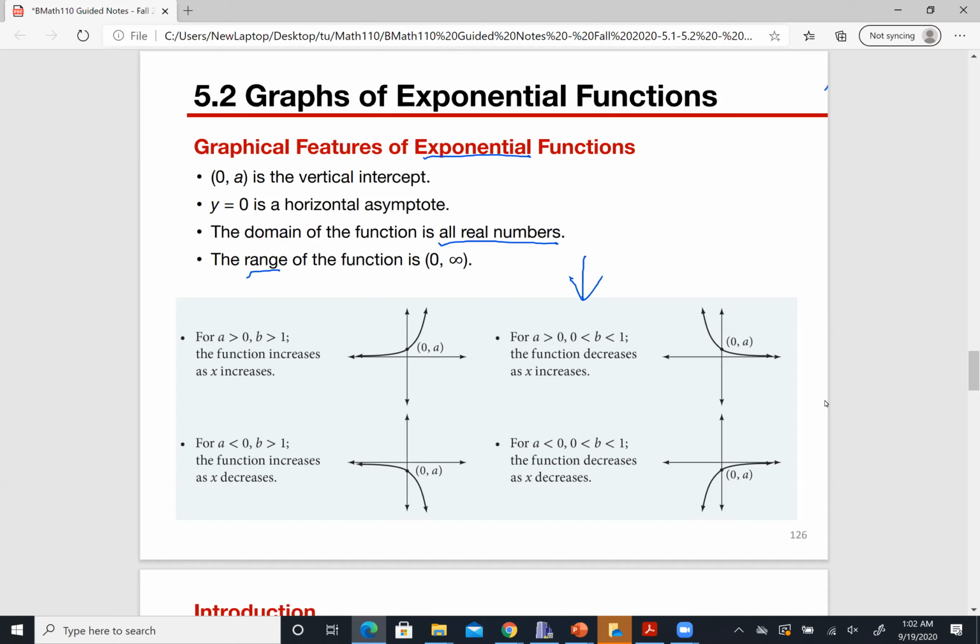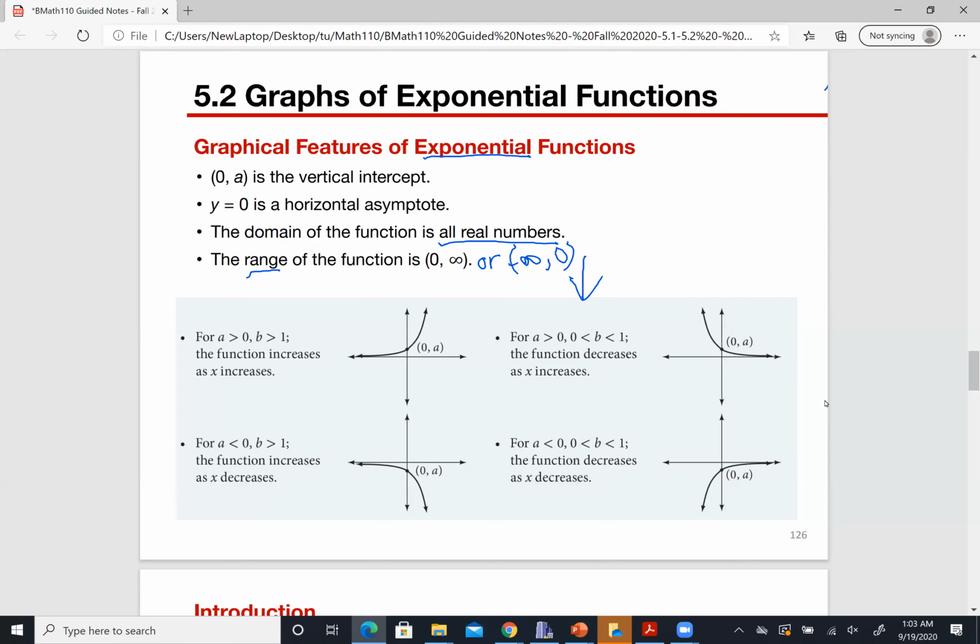So when you look at it, the range could be from 0 to positive infinity, or it could be negative infinity to 0.